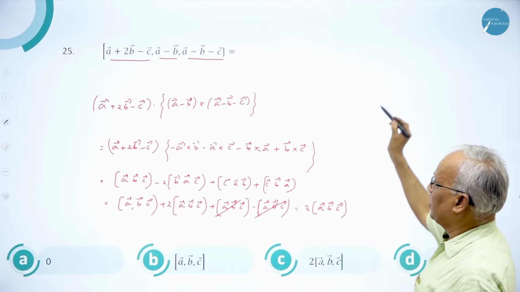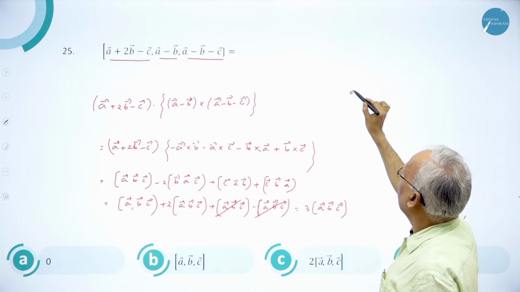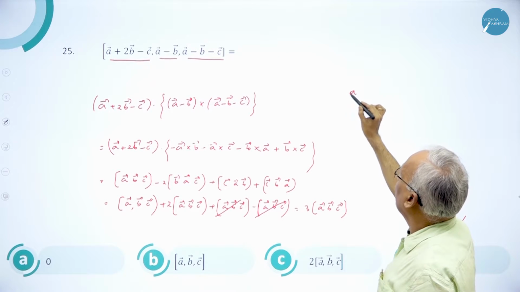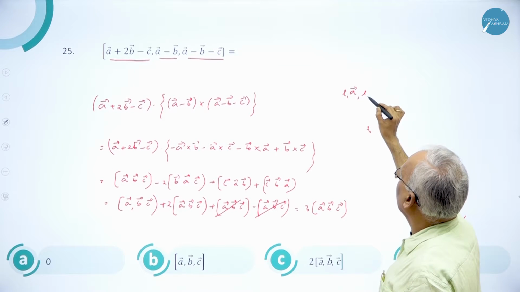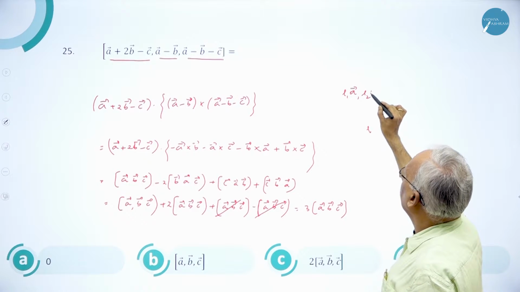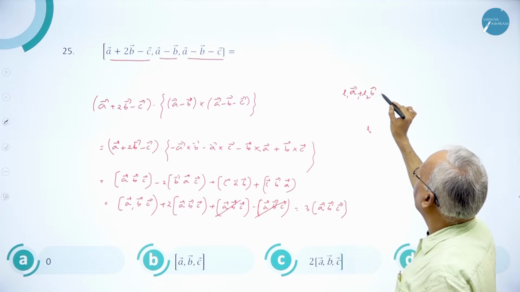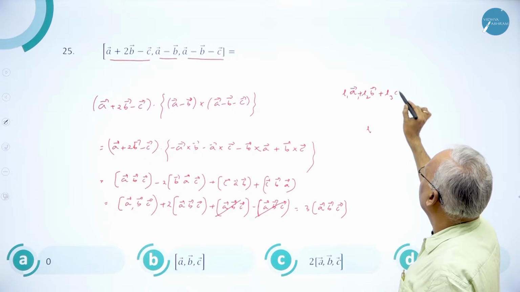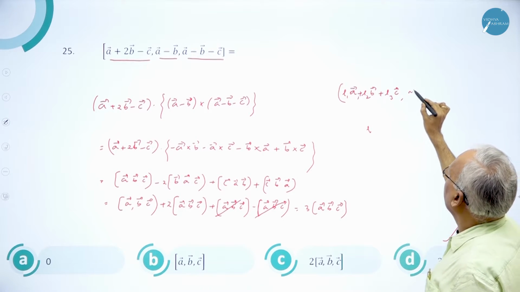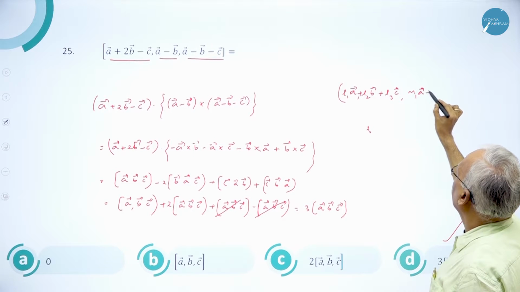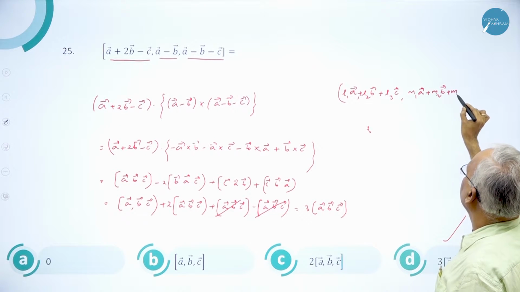So what we do now, I give you one very interesting formula. Suppose L1A plus L2B plus L3C is one vector. The next one is M1A plus M2B plus M3C.